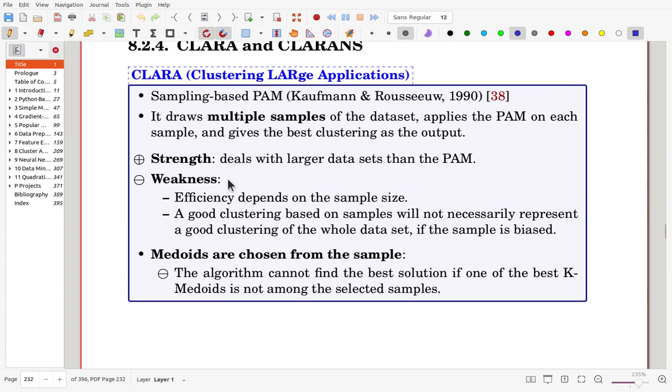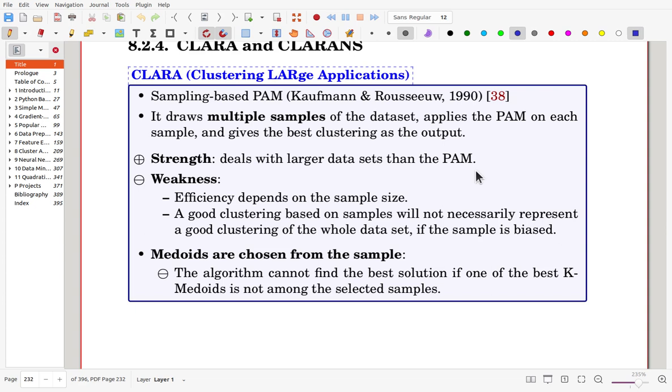The strength is that it can deal with larger data sets than PAM. For PAM, the cost increases rapidly with the number of points.